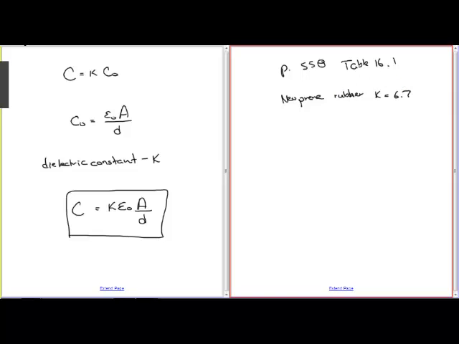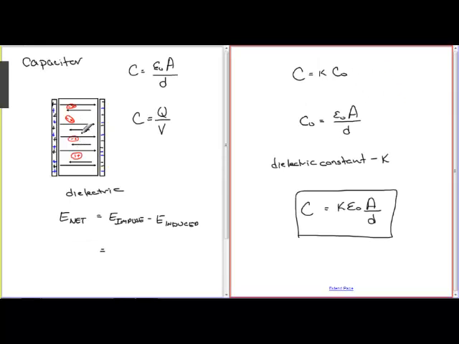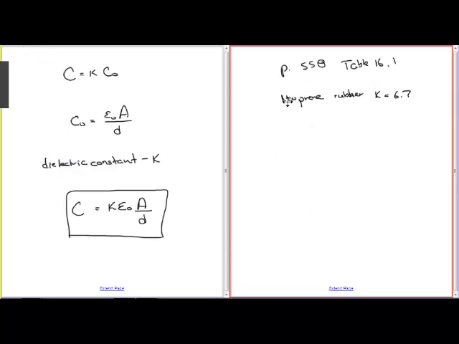So if you were to slide this in between, you'd be able to get 6.7 times the amount of charge per given voltage. And then you've got things like strontium titanate, whatever the heck that is, some chemical, and its kappa is equal to 233, so it's going to be 233 times as much charge.